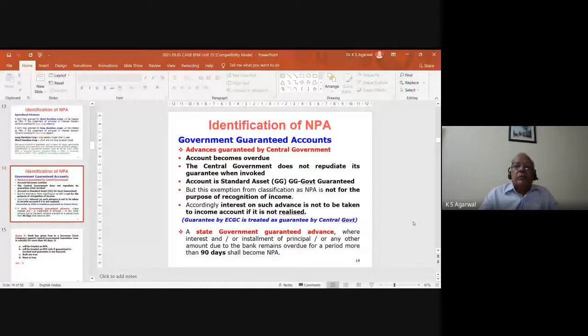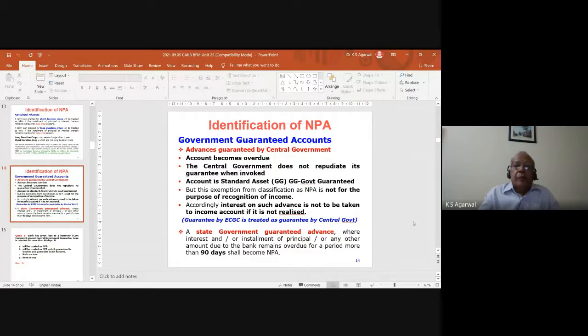Another type of advances are guaranteed accounts. The guarantee is coming from the central government or state government. If an advance has been guaranteed by the central government, then certain relaxations are there.